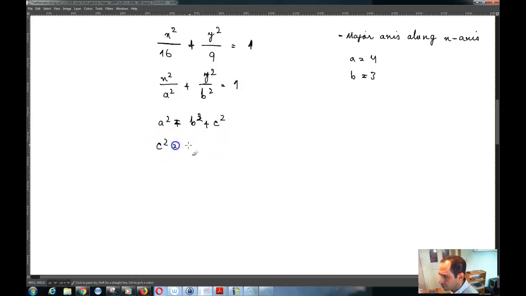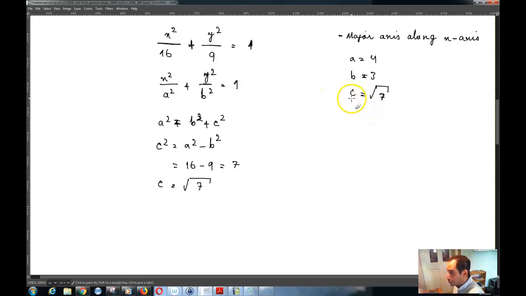That means that c squared is equal to a squared minus b squared, which is 16 minus 9, which is 7. So c is equal to the square root of 7. So now I have my a, b, c, so I can calculate all of the things that I need about this ellipse.